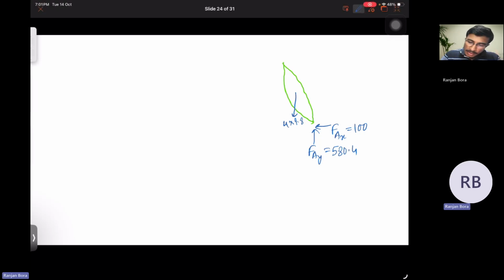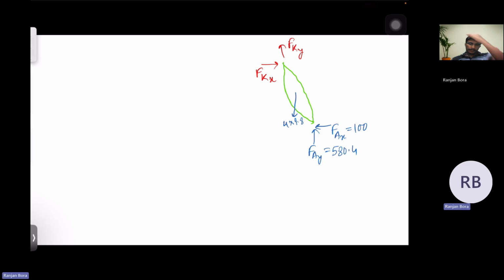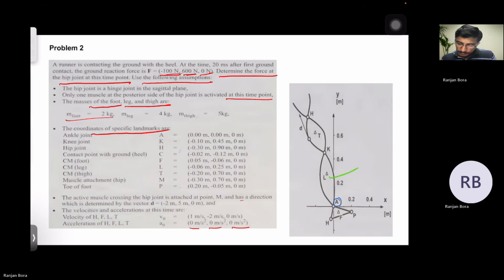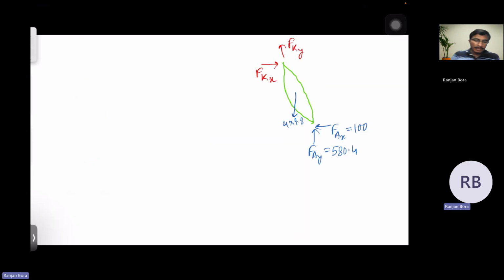Again, we'll consider the reaction forces at the knee joint. We'll take Fkx, Fky. So we'll apply force equilibrium equations. Summation Fx is 0: Fkx minus 100 is 0, Fkx equal to 100.